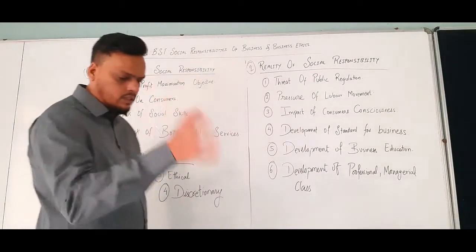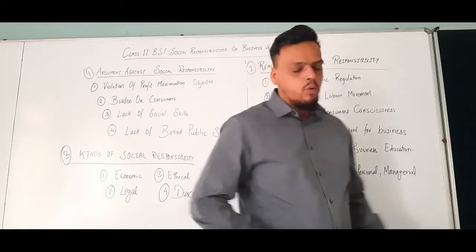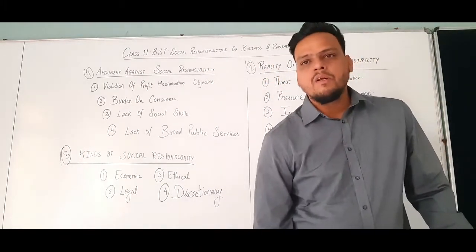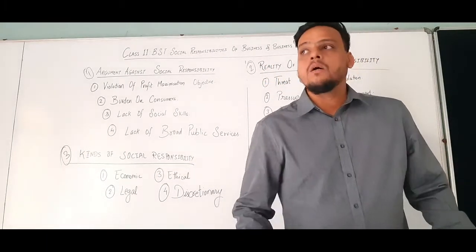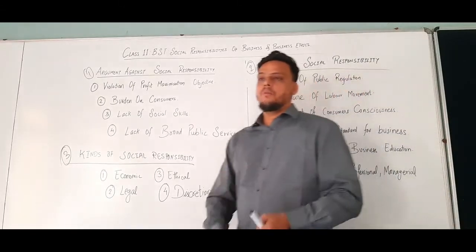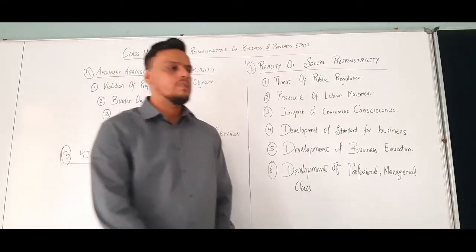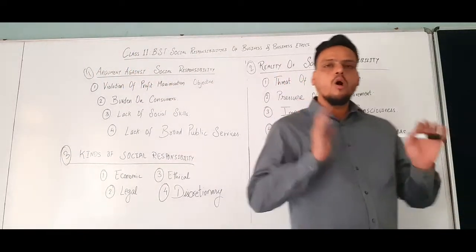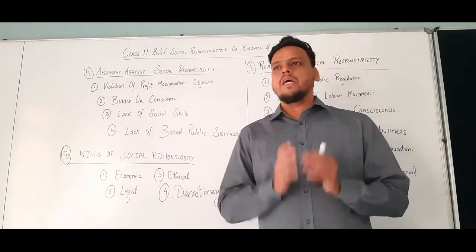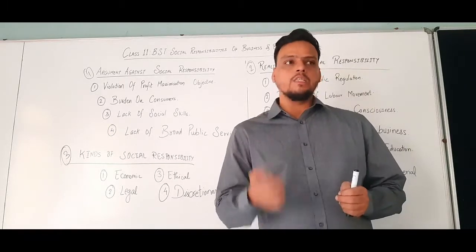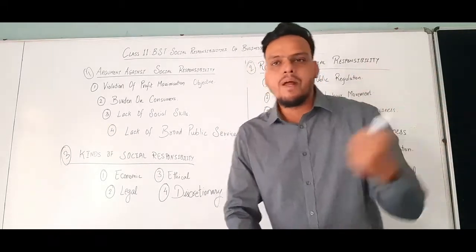As a businessman, if you think only about profit, it will be injustice towards society. But if you think only about social welfare, then it is injustice to business. So profit maximization should be an objective, and along with that you have to decide what to do for the society's benefit.